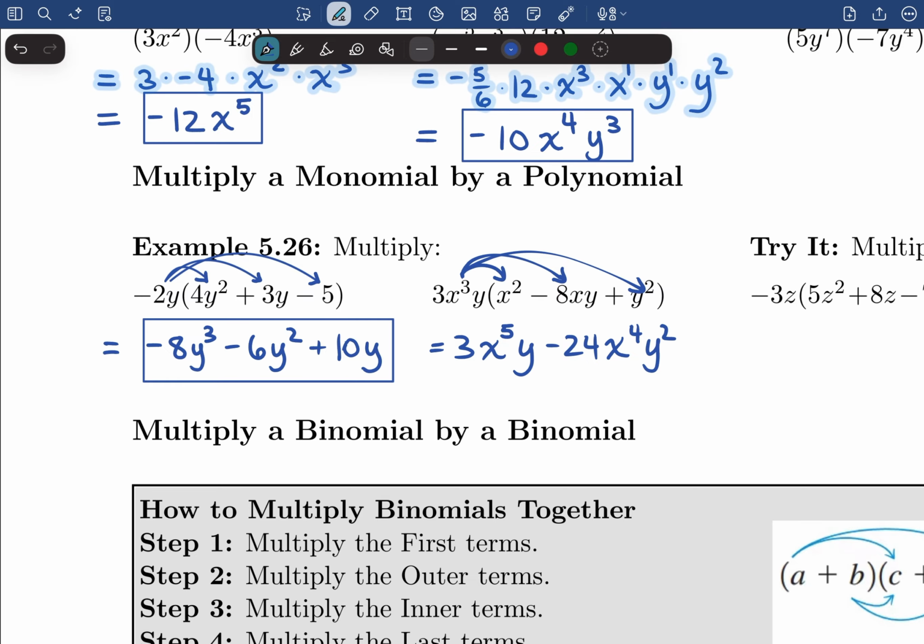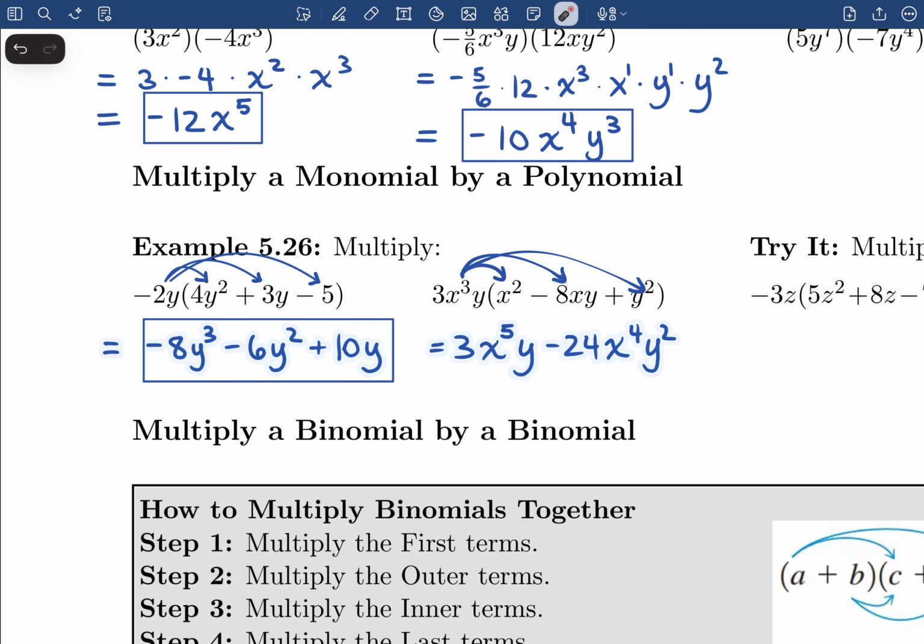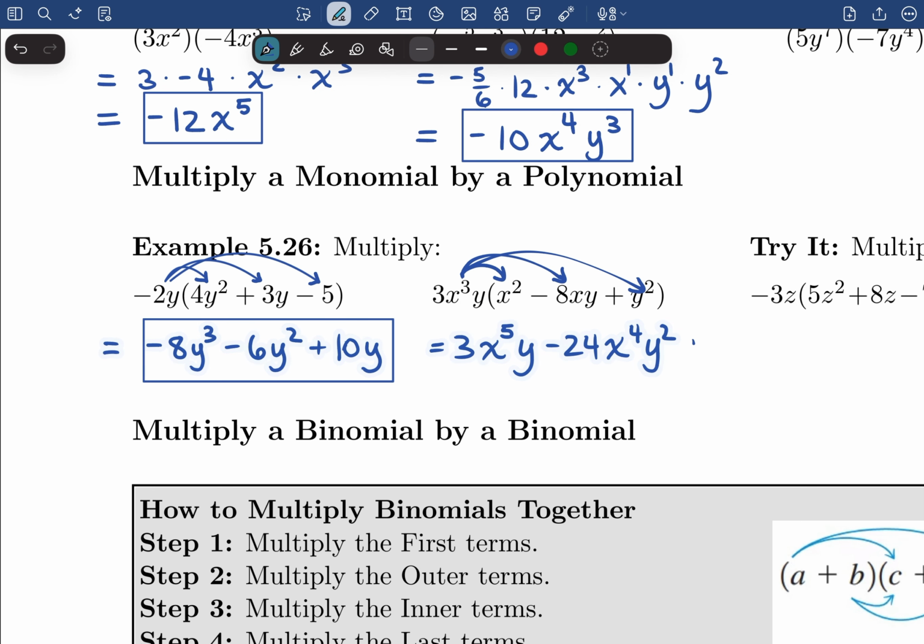And now moving on to the last term of the trinomial, this y squared here. So this y squared will multiply with this y to make y cubed. Y times y squared is y cubed. And so I can write this as 3x cubed y cubed.